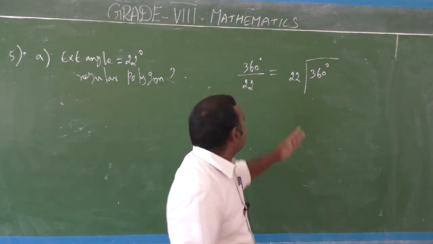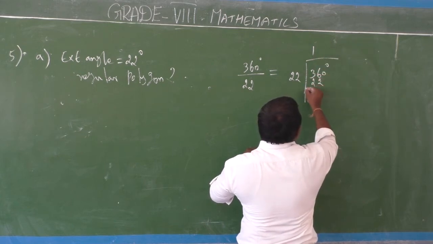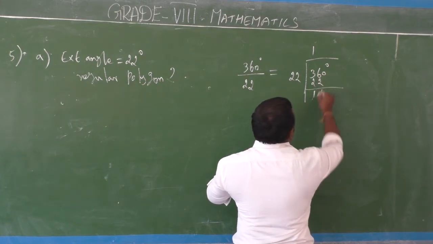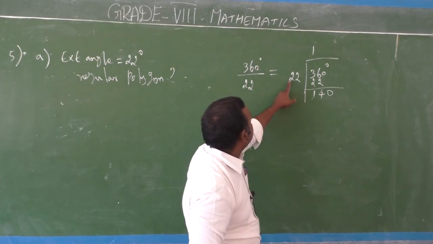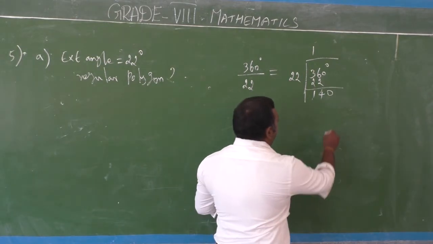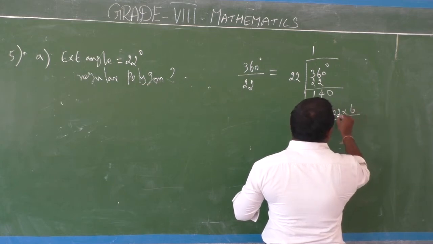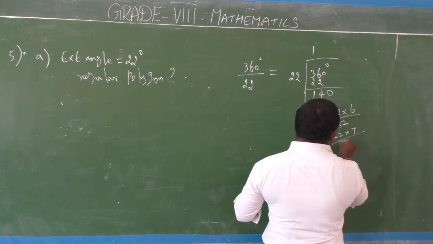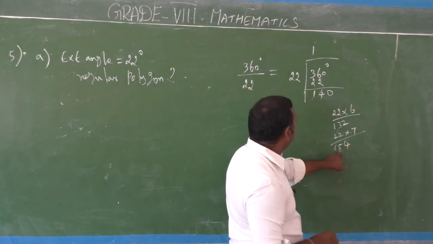Can we find it? 360: 1 times 22, remainder 14. Then how many times does 22 go into 140? 22 into 6: 2 sixes are 12, then 22 into 7 is 154, too big.